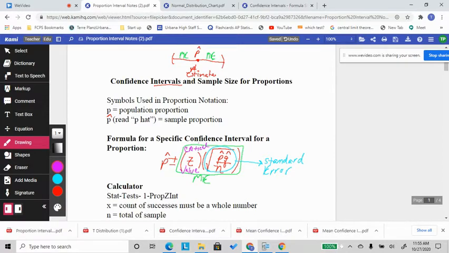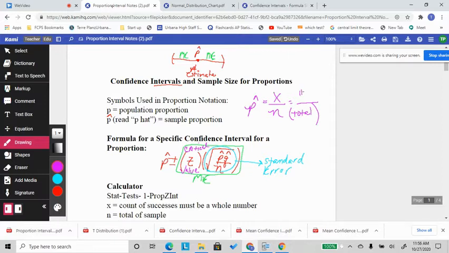All right, so where does this p hat come from? Well, p hat is just what we call x over n. So you go out and you take a sample, and that sample is your total, your sample size. That's your n. And then x would be the total number of successes, of people successes.